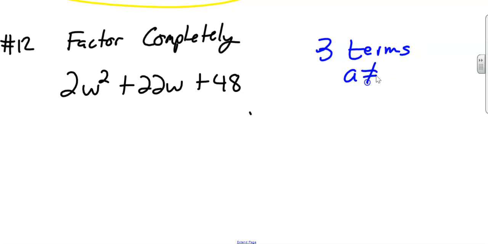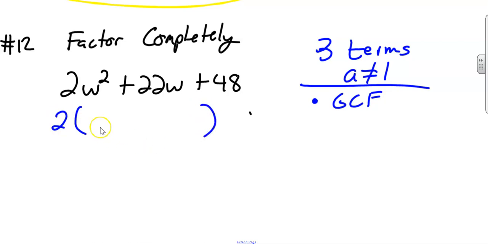The a value is not 1. So anytime the a value is not 1 or it is 1, the very first thing you always look for is a greatest common factor. Okay, 2, 22, 48. You can divide them all by 2. So that would leave you with w squared, 11w, and 24.